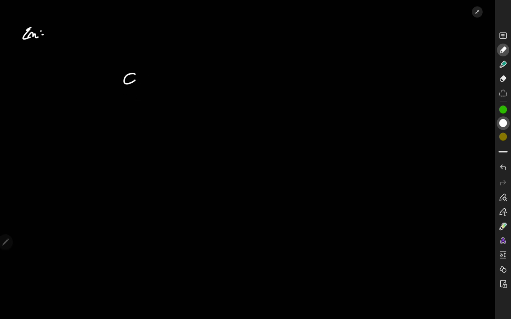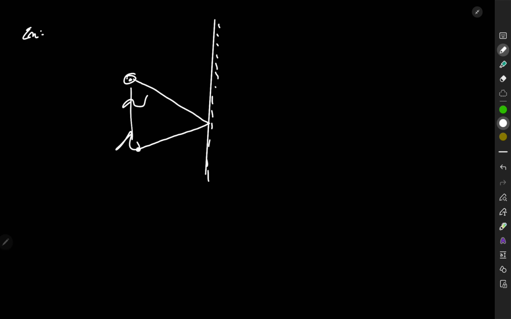Let's say a boy is standing, okay. Let's say a big enough height mirror is there in front of him, and he needs to see by his eyes, right? So the diagram will be like this. From the toe the rays will be like this. Do you agree? And the head is here, right?